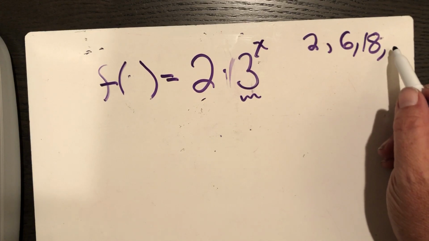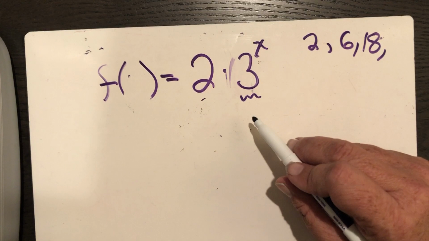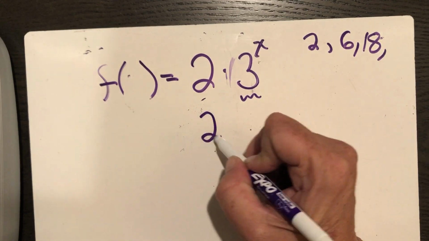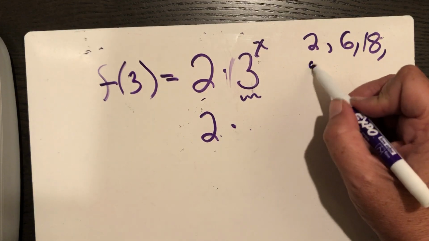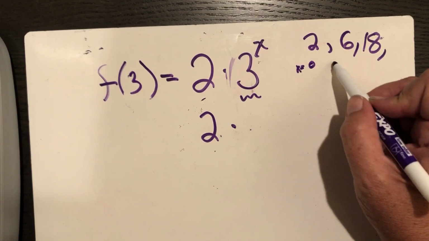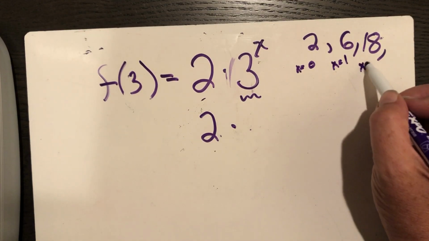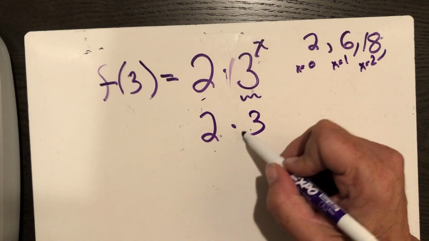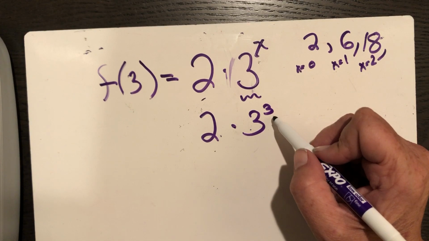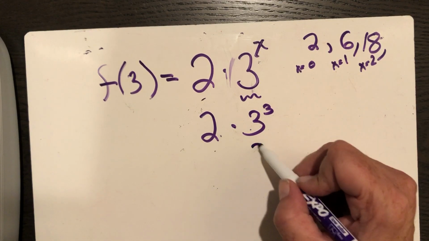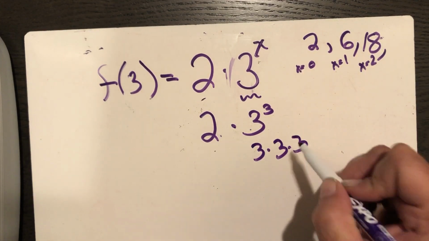So we should be able to get this last answer by going 18 times 3 or by using our equation. So let's use our equation. 2, this is the third, because they said this one was 0. X equals 0, x equals 1, x equals 2. So for x equals 3, 3 to the power of 3. Remember, that's not 9, that is 27, because 3 times 3 times 3 is 27.